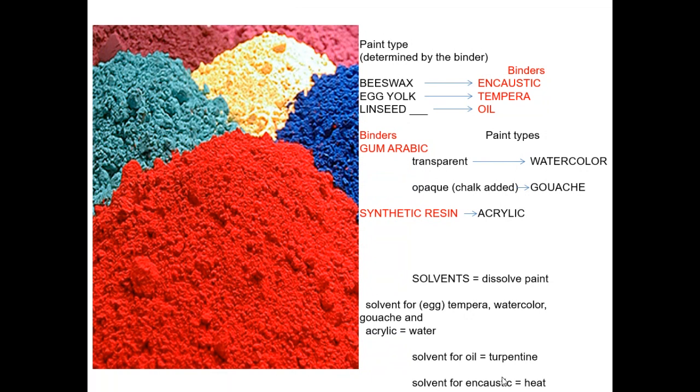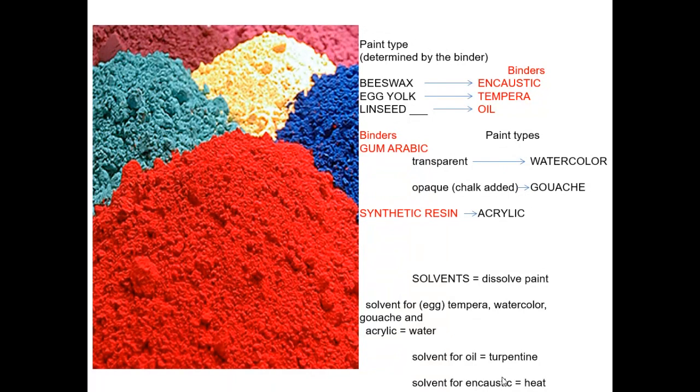Gum arabic is the binder for two types of water-based paint, watercolor and gouache. The difference between them is that watercolor is transparent. You can see through it to the surface underneath. But gouache has, in addition to the gum arabic, chalk added to it to make it opaque.